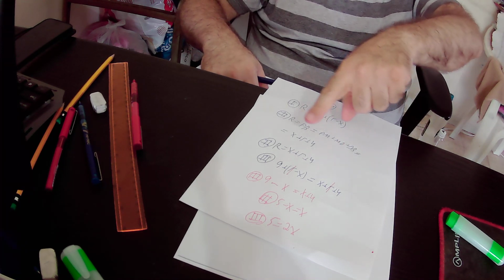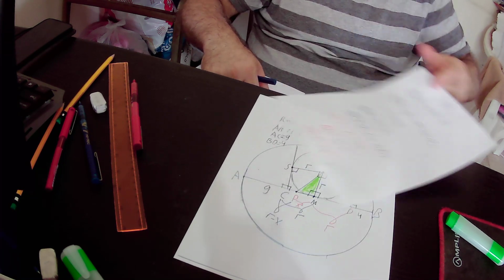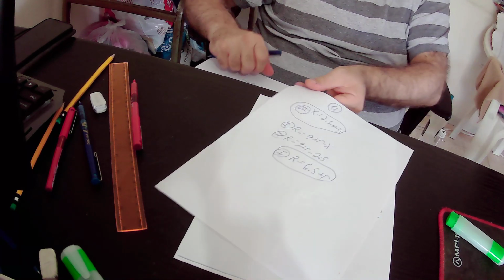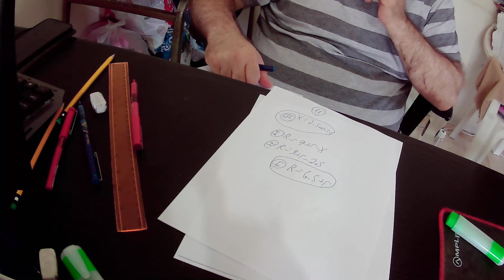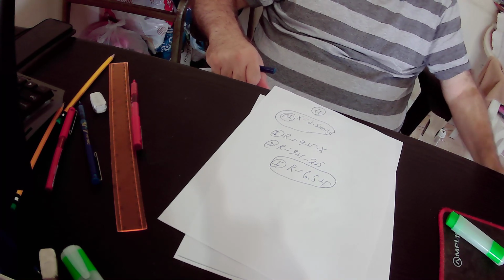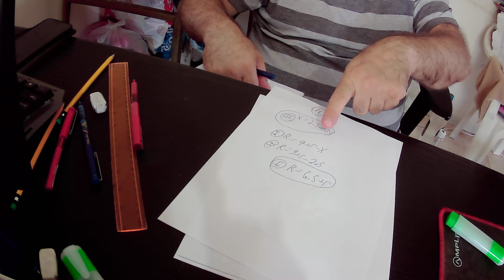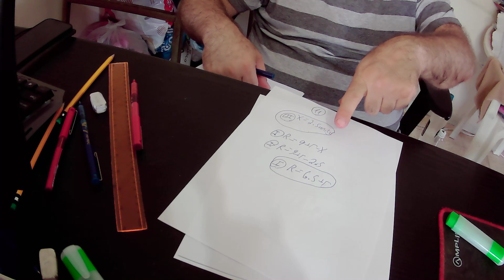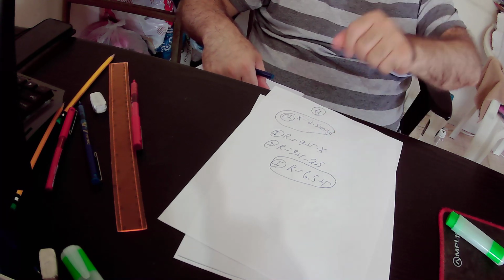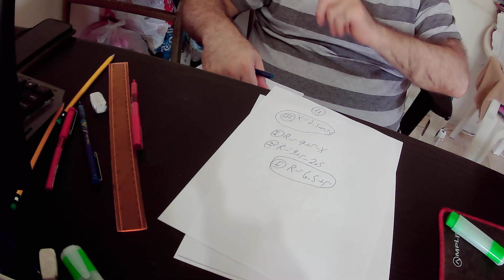From equation number 3 we got the value of x. We found that x equals 2.5 units. So we can substitute x by 2.5 units in equation number 1, and we got that capital R equals 6.5 plus small r.